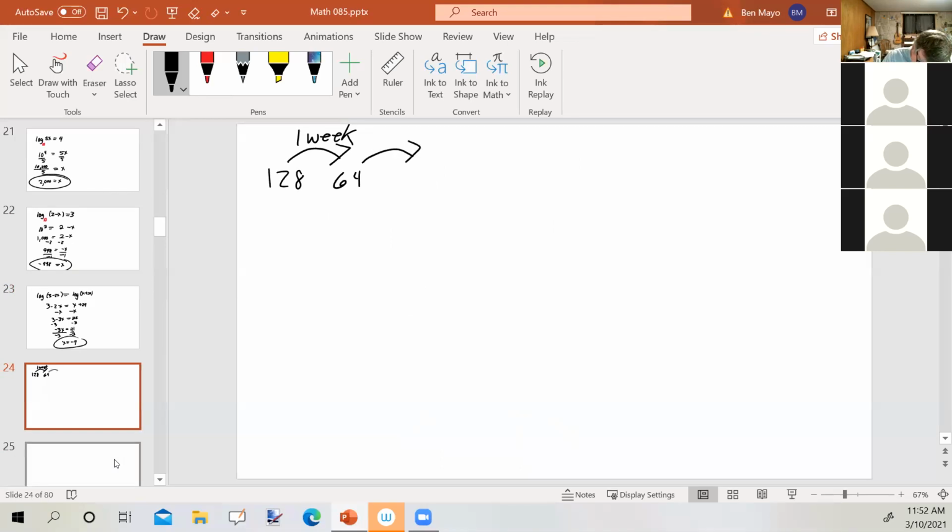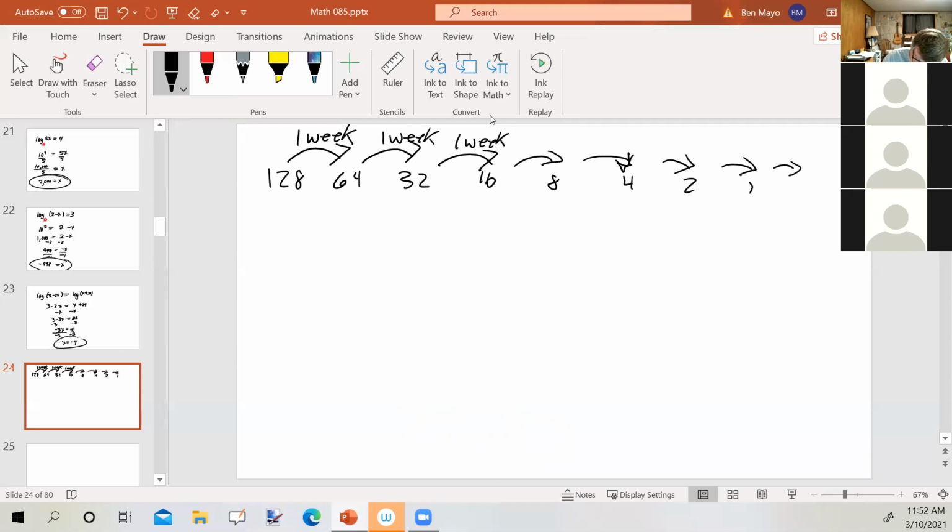And then I come back 1 week later, and there's 32 Snickers bars. So half of the ones from the 64 have disappeared. And then 1 week later, we have 16, and then we have 8, and then 4, and then 2, and then 1, and then a half, and then a fourth, etc., etc.